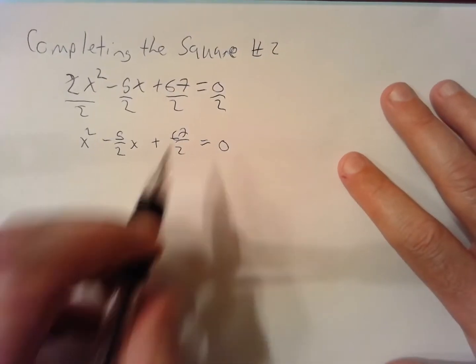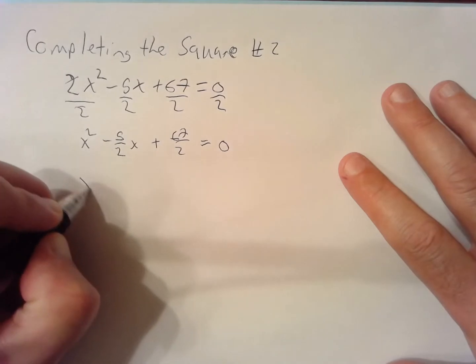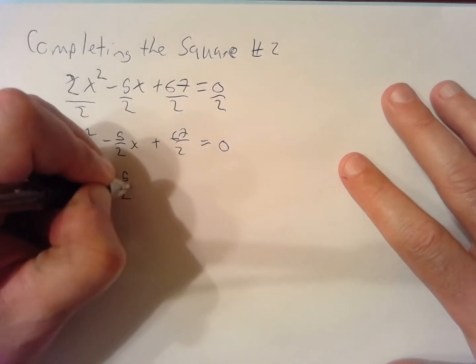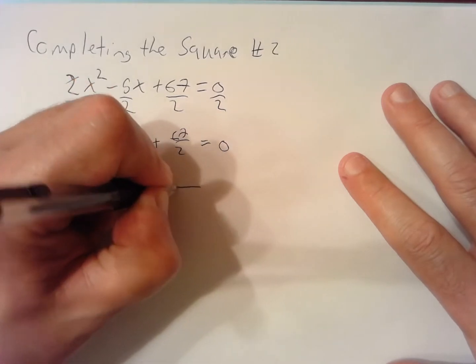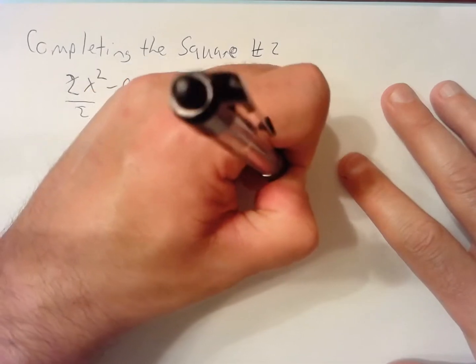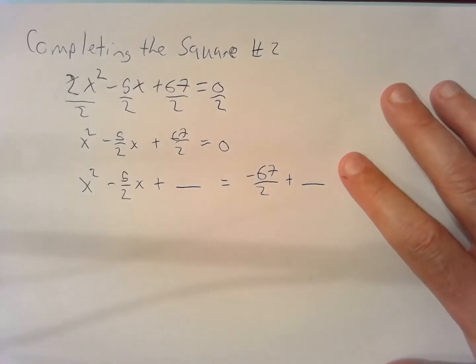Next, we move the constant to the other side. x squared minus 5 halves x plus blank is negative 67 over 2 plus blank.